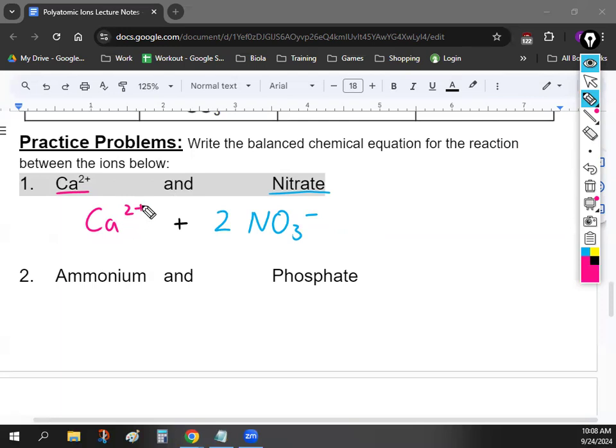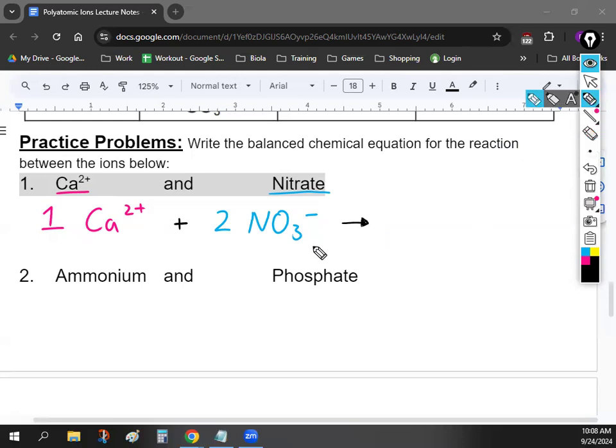So Ca is positive 2, NO3 is negative 1, so we need 1 Ca and 2 NO3s. And if you notice, it's the exact same thing we did for the warm-up. We're just balancing out the positive and negative energy. The only difference is this nitrate is a little bit bigger than the ions that we've been looking at.